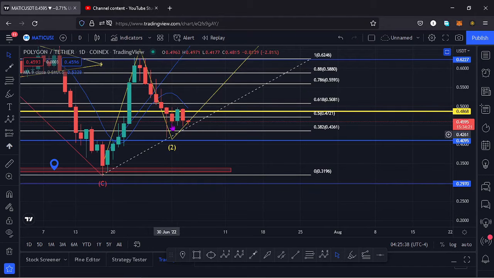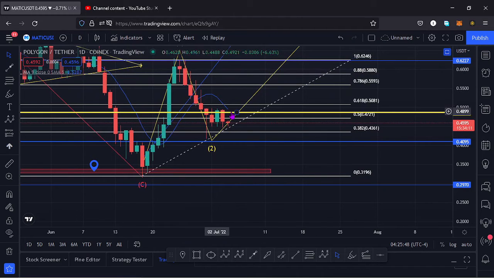And from that point that we made a touch on the fib level 0.382, we had a reaction to the upper side, and we are facing a key area of resistance at around the $0.48 mark, and we have been unable to break above that key area of resistance.